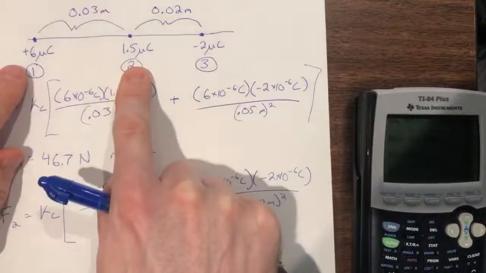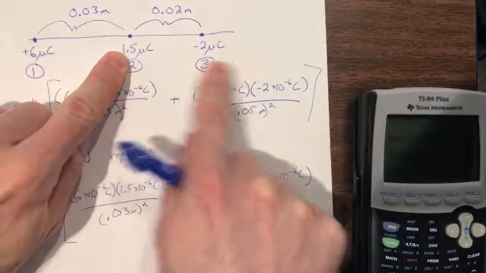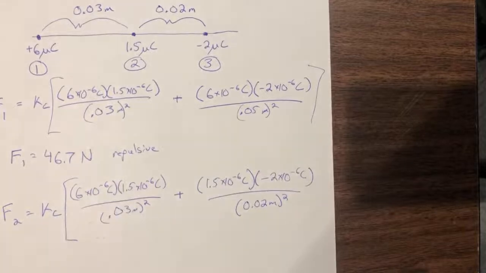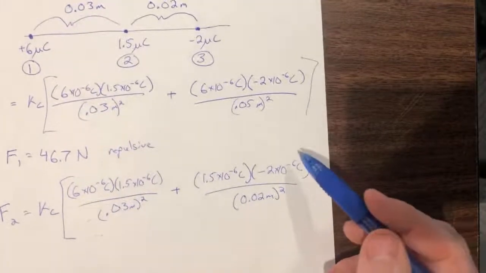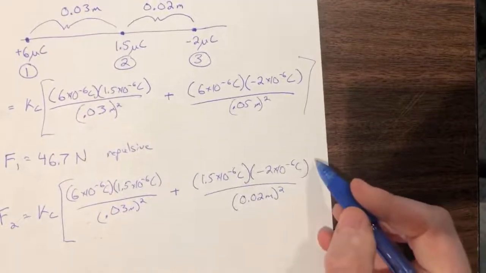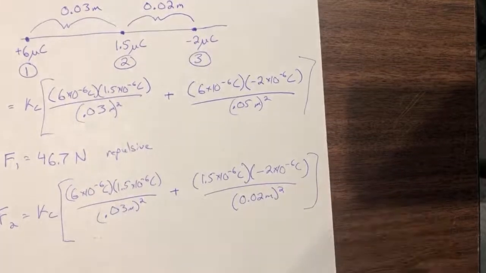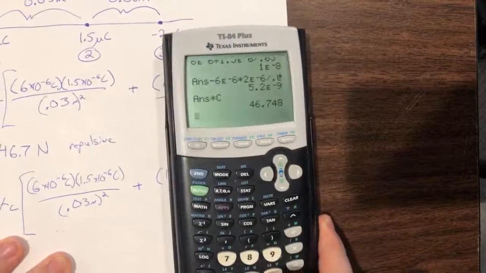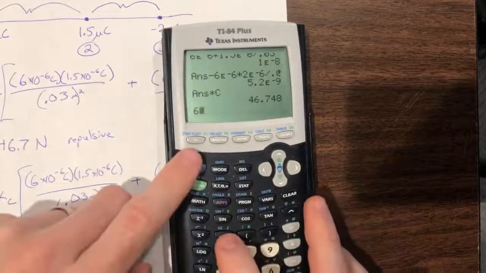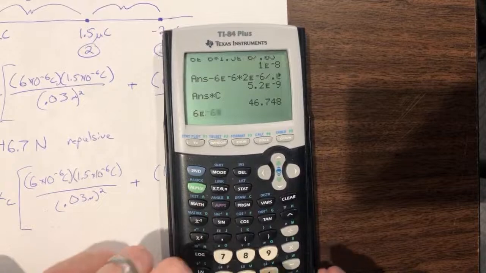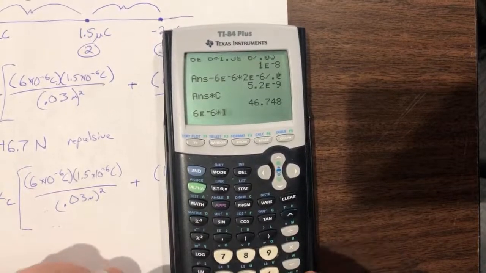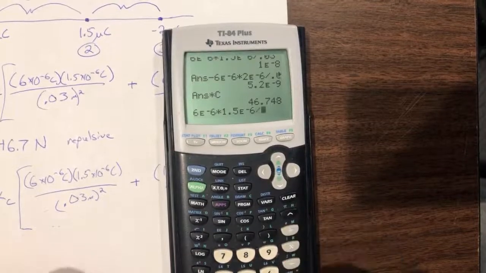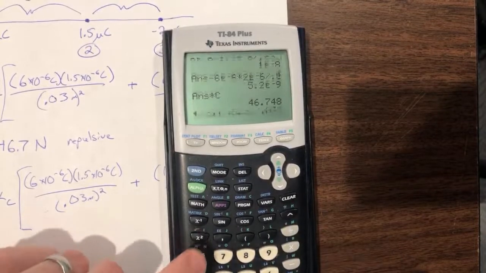All right? So we have now a repulsion between these, an attraction between these. All right, so what's going to happen here? Let's plug these in. It's going to be 6 e negative 6 times 1.5 e negative 6 divided by 0.03 squared.